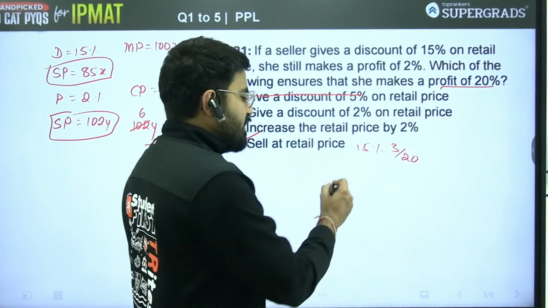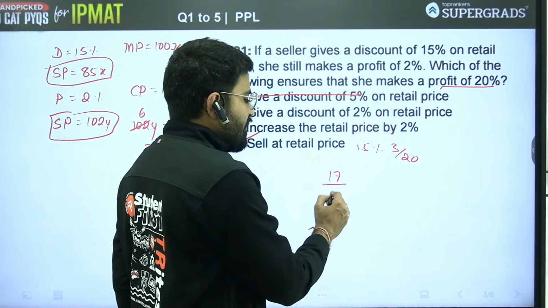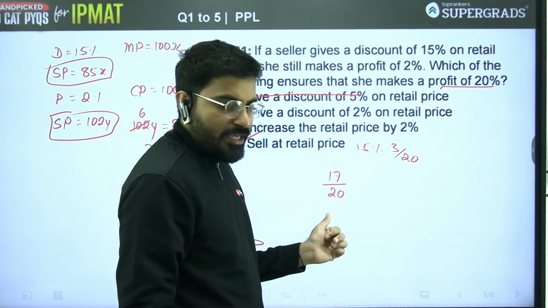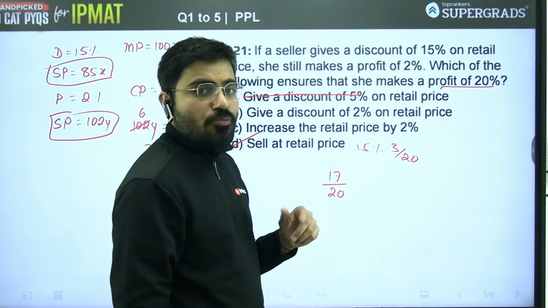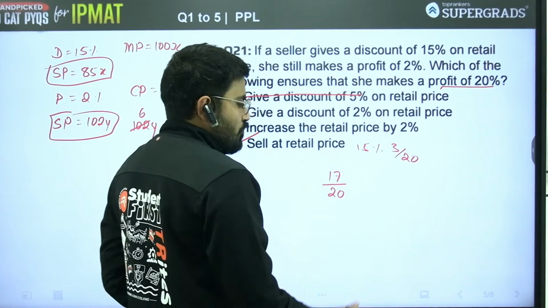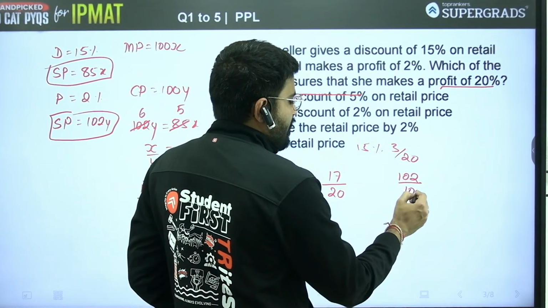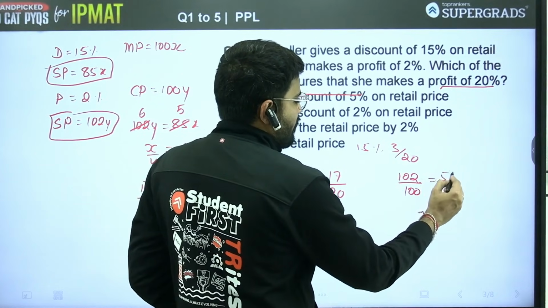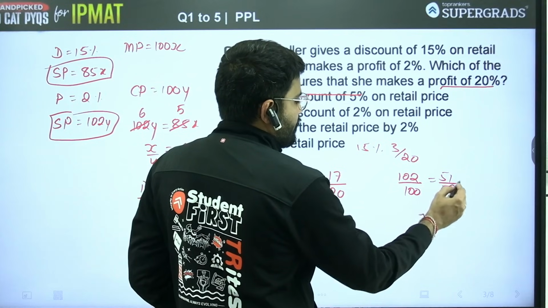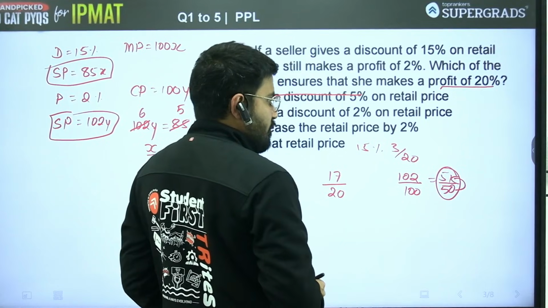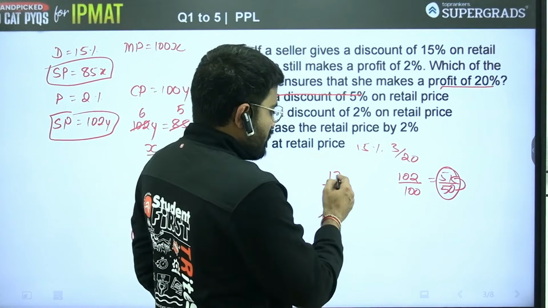3 less than 20, so you have sold an article for 17 rupees if it was meant to be sold at 20 rupees. And this 17 is 2% more. 2% more means it is 102 by 100, or you can say it is 51 by 50, so it is one more than 50. So this is 17, this is 20.